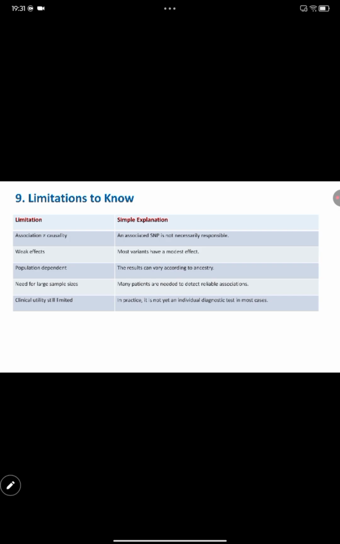Results are population dependent and may vary by ancestry. Large sample sizes are needed to detect reliable associations, and in practice, GWAS results are not yet used as individual diagnostic tests in most clinical situations.